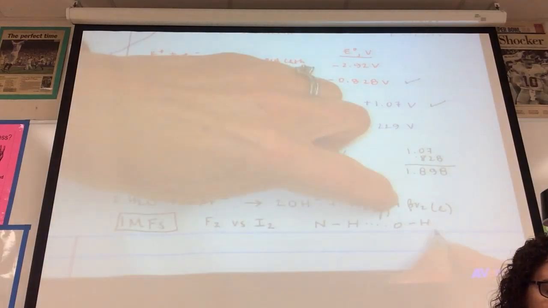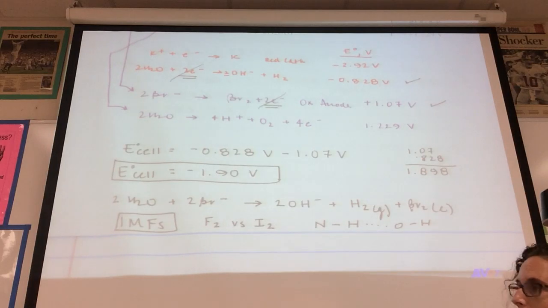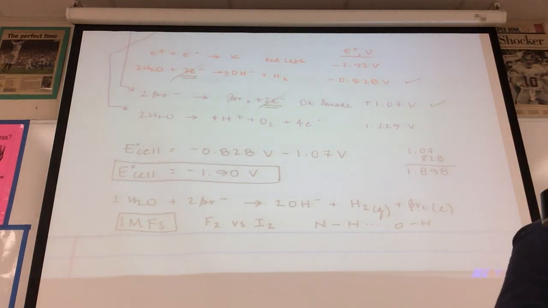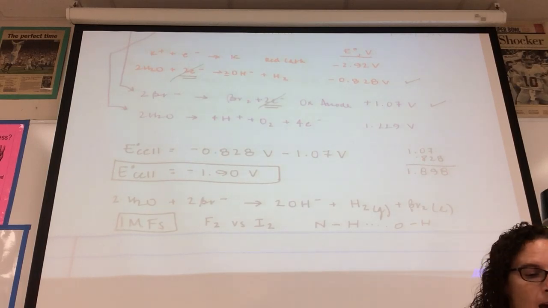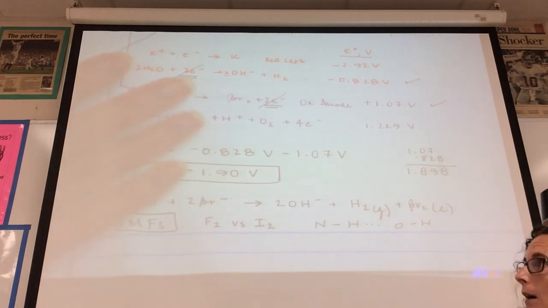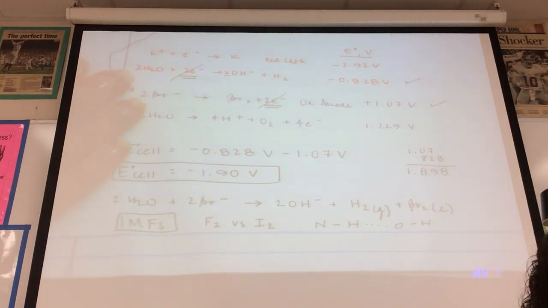Keep in mind that nonpolar covalent substances cannot participate in hydrogen bonding. If you do a couple of these types of problems, you will find this to be extremely simple.